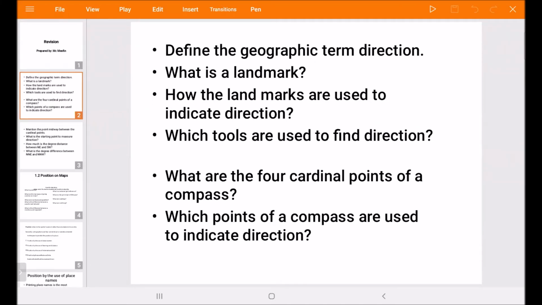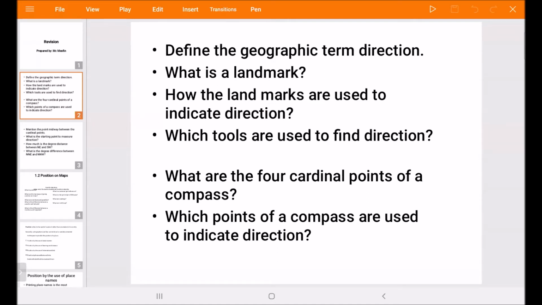What we raised in our previous lesson, which is a landmark. What is a landmark? Anyone can answer me? Okay.